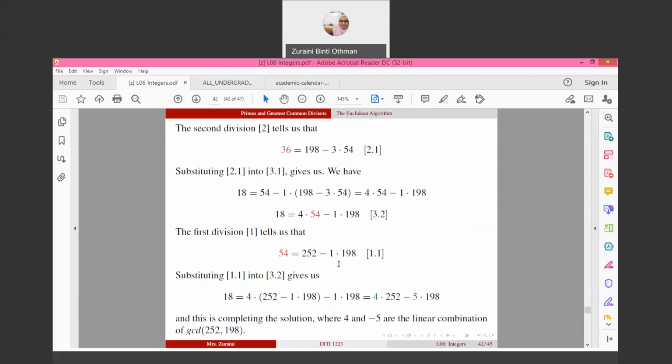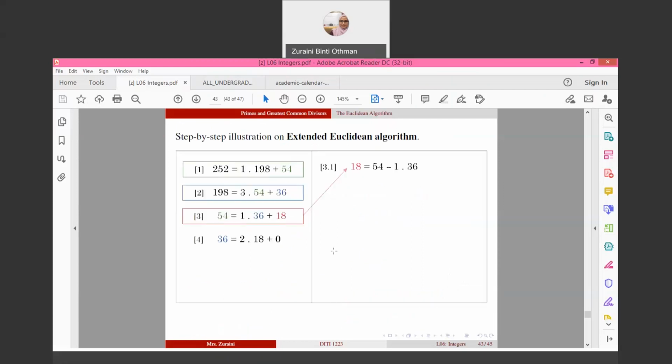Okay. Here, we rearrange to get 1.1. So here, substitute 1.1 yang ada 54 ni kepada yang ni 3.2. So that we get here, 4 kali 252 tolak 5 kali 198. So this is the linear combination which is 4 and negative 5. Okay, so this is the step-by-step illustration for extended Euclidean algorithm.